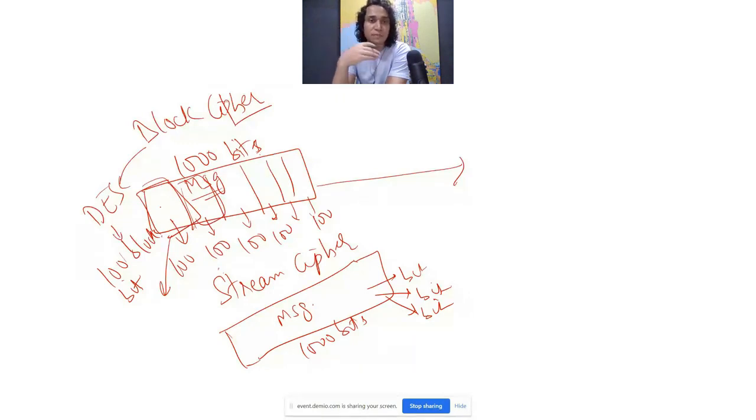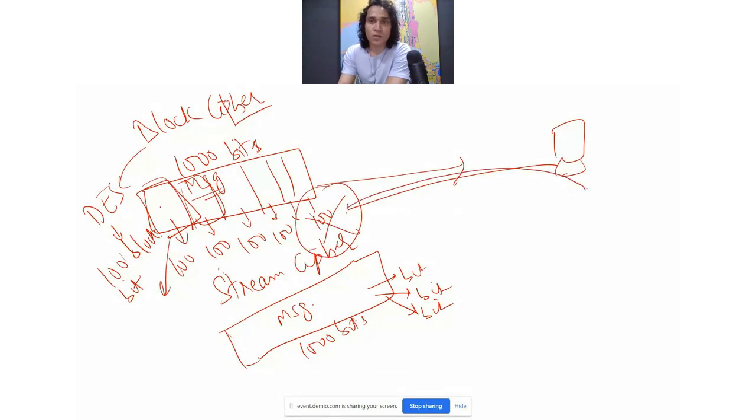All right. So a stream cipher works like a stream. A stream of bits comes, and each bit is encrypted as it is delivered. One quick example: let's say you are working remotely on some remote system, and you are logged into a remote router. As you are typing your commands, those commands are sent to the router, but they are sent securely because you have SSH'd into the router, not telnetted into it, right?